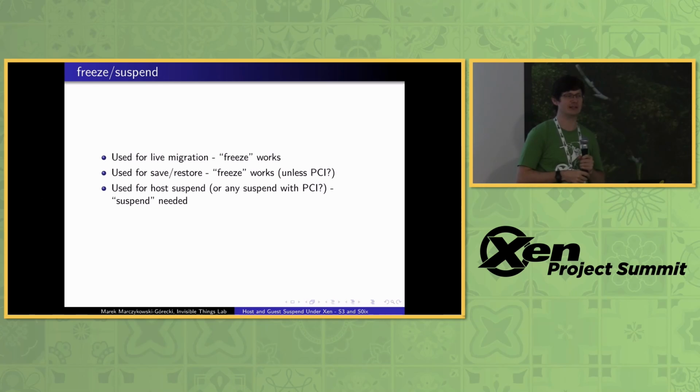What we currently do is we have a kernel patch in domU that simply switches the method. It's very much not upstream ready. We need to analyze why and where exactly which mode is needed, because I had a suspicion that suspend may be needed for save and restore too.